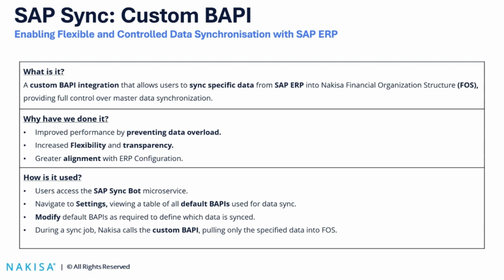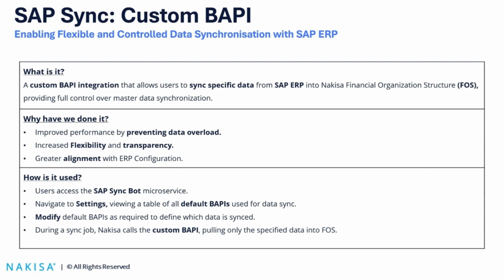So now we have enabled the flexibility to customize the data extraction process, which is basically allowing you to override the default BAPI with your customized BAPI. This will ensure optimized, tailored data retrieval aligning with your business requirements. And this will also have enhanced performance, since the data set is very specific, required by Nakisa, and not a data sync for all of the information.